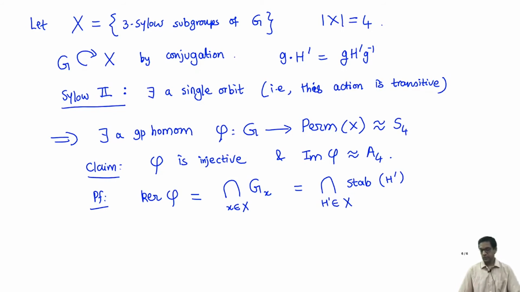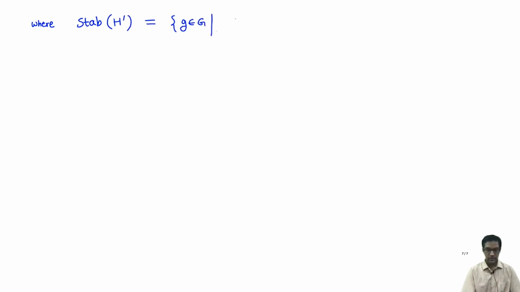3 Sylow subgroups. And what does stabilizer mean for the conjugation action? I am just using the notation stab for stabilizer. The stabilizer of H prime is by definition all those group elements which act on H prime and leave it fixed.